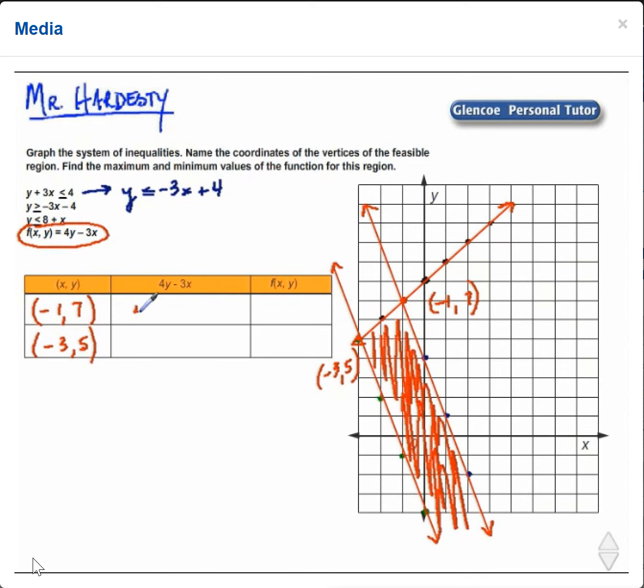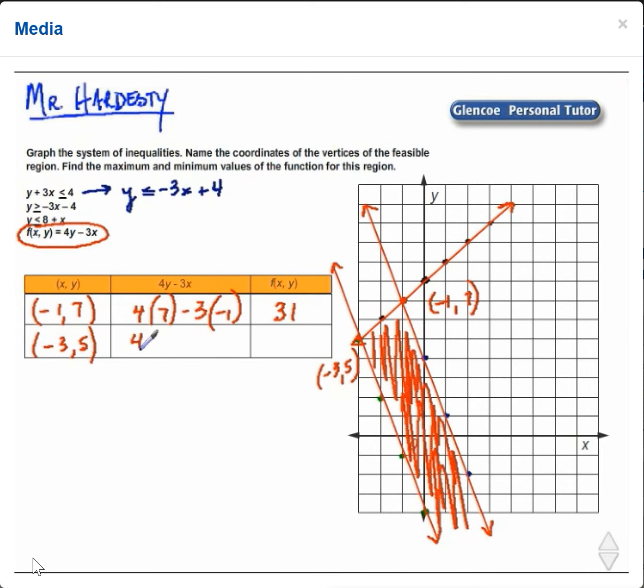So this would be 4 times 7 minus 3 times negative 1, as we substitute x, y into the function. That will be 28 plus 3, which is 31.